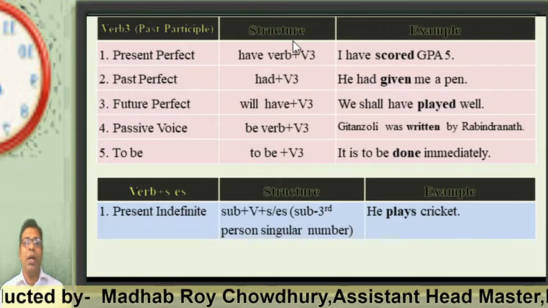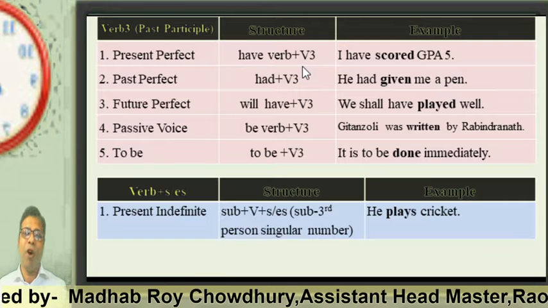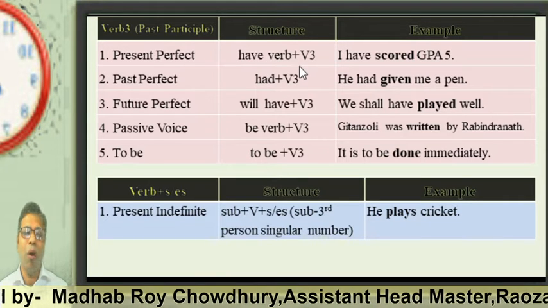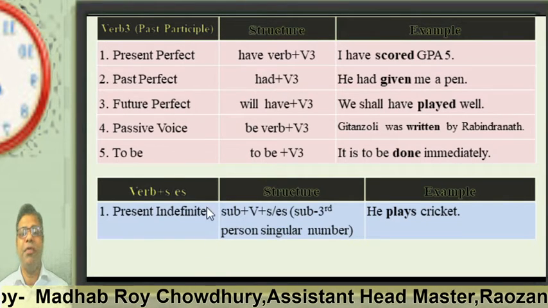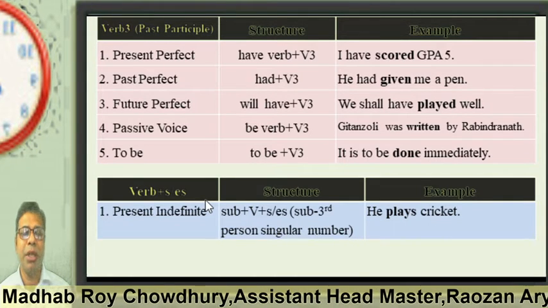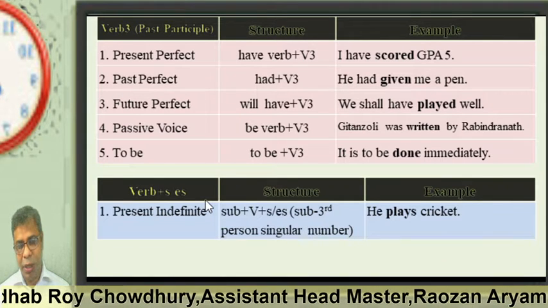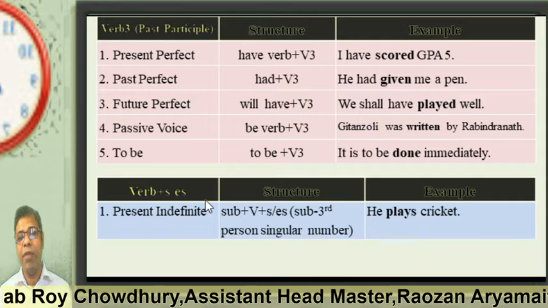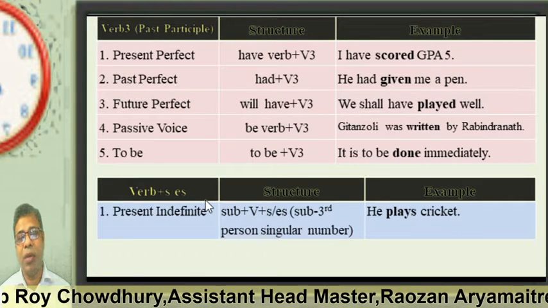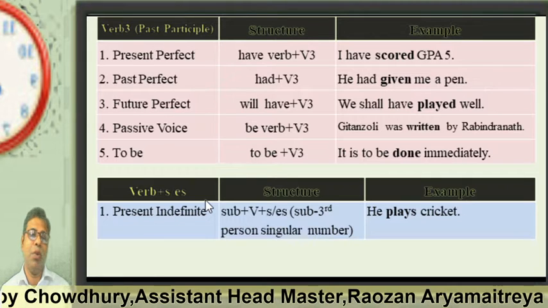And dear students, remember s or es form can be used and only used at the time of present indefinite. When you can identify the sentence will be present indefinite, then you must use present indefinite V1 form, and if the subject is third person and singular number, you must use s or es after V1.